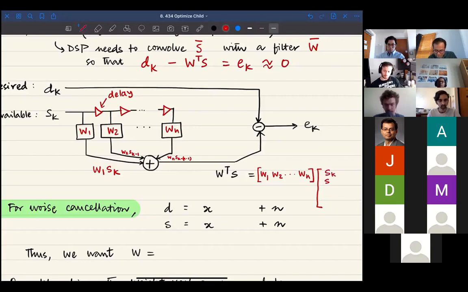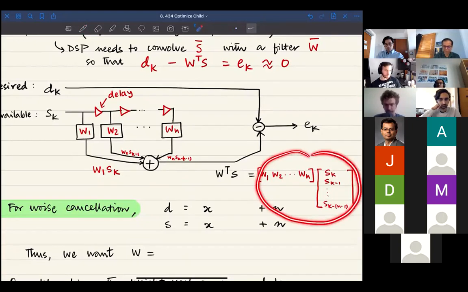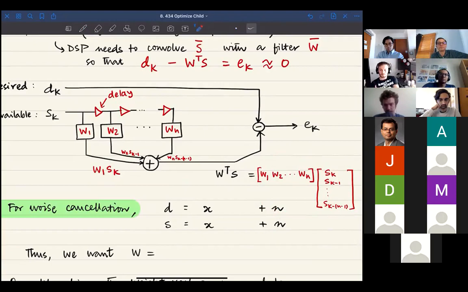Sk, Sk minus 1, and so on, Sk minus n minus 1. Where have you seen this? You remember when we were looking at the channel and the signal, we were flipping the signal and moving it into the channel. This is convolution.